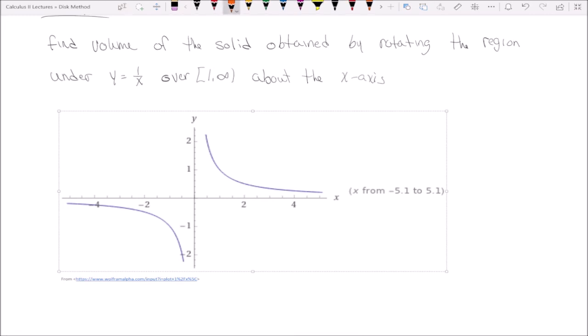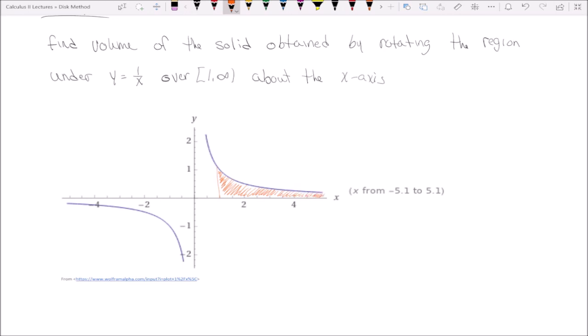I'm going to assume this line right here is 1. So it's this region.